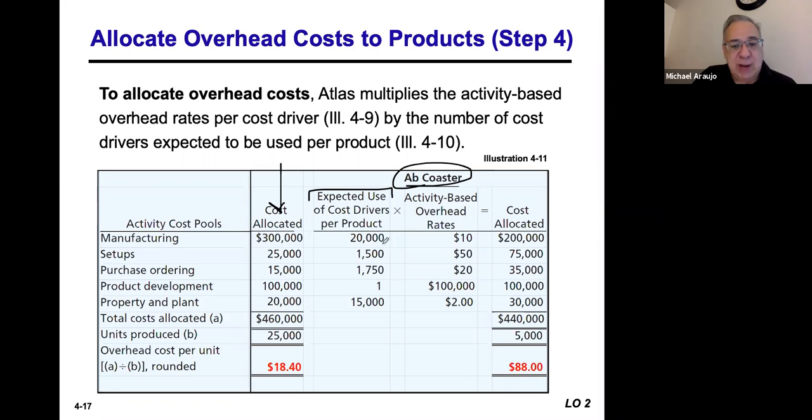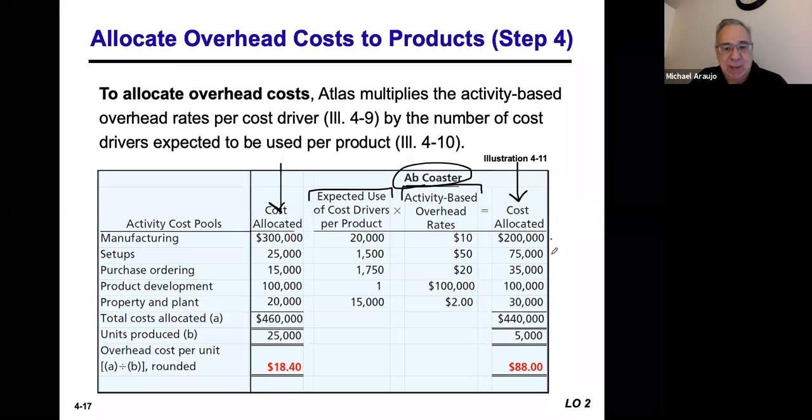So when you actually multiply it through the rates that you were given earlier, you calculated the activity-based overhead rate. Look how much of a cost it is for the ab coaster. 200,000 in manufacturing costs isn't so bad, but 75,000 for setups versus 25,000 for the ab bench.